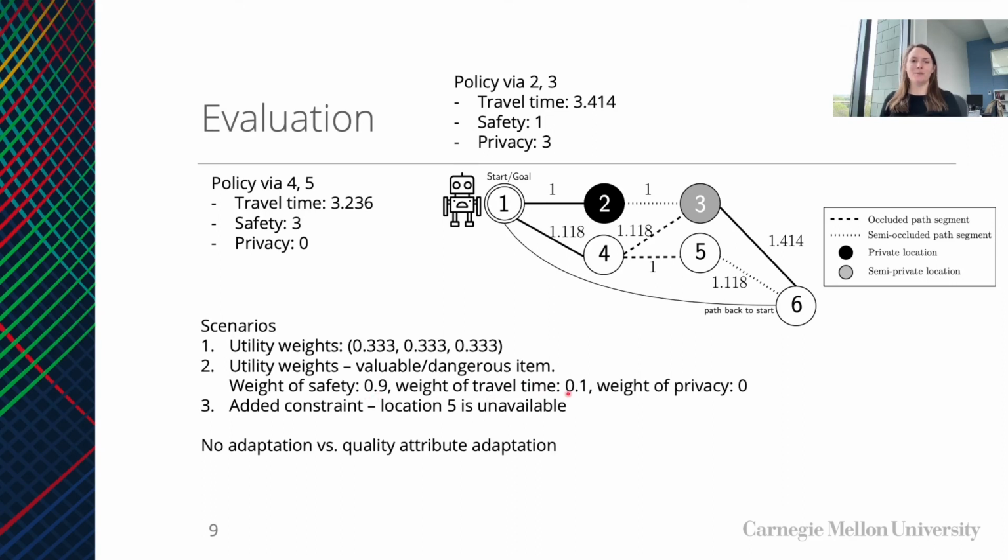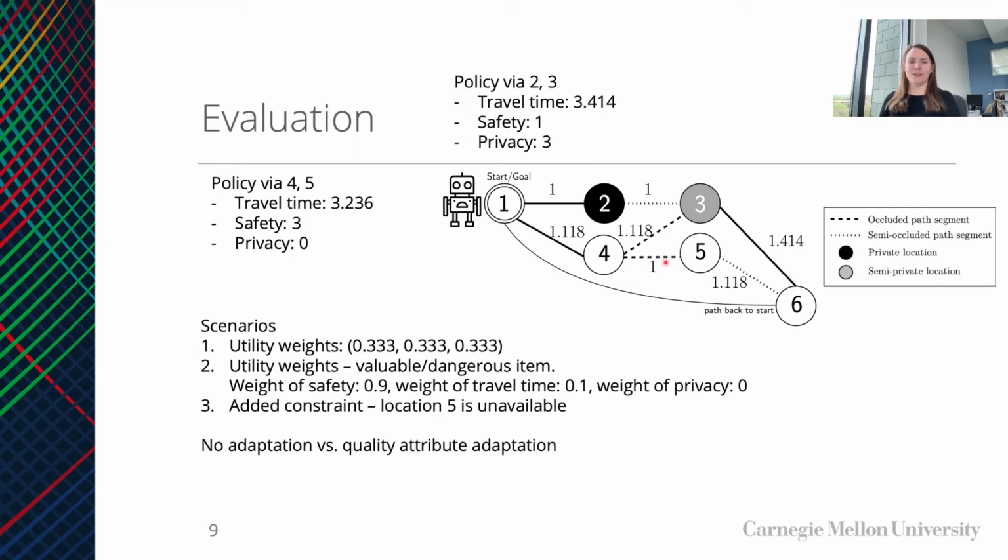The travel time priority is 0.1 and the weight of privacy is 0. And that means, of course, that the policy is likely to be different and tries to avoid more of these safety critical paths in which the safety cost is high.